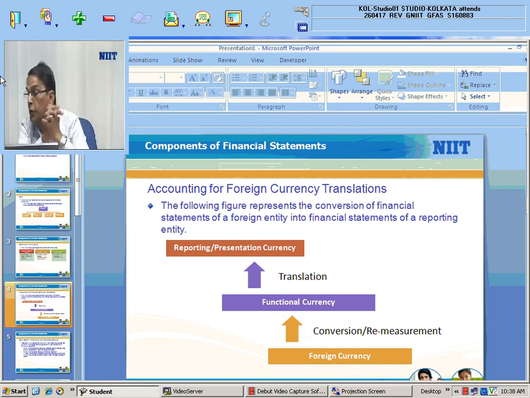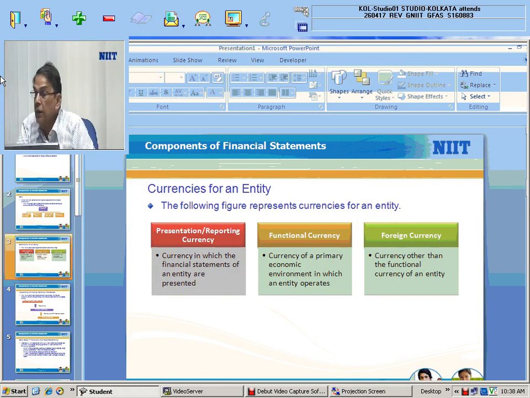For the Indian parent, the reporting currency is the Indian rupee. But for the US subsidiary, the functional currency is the US dollar, and it may be doing transactions in various other foreign currencies also. So how to convert it? What are the rules for converting?